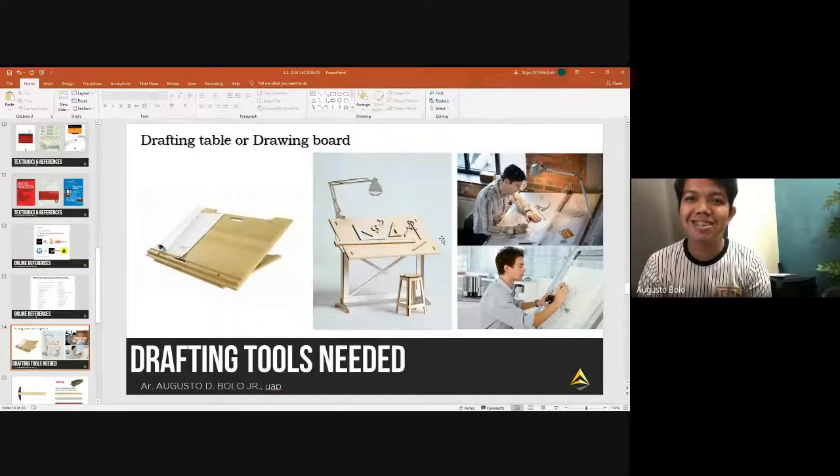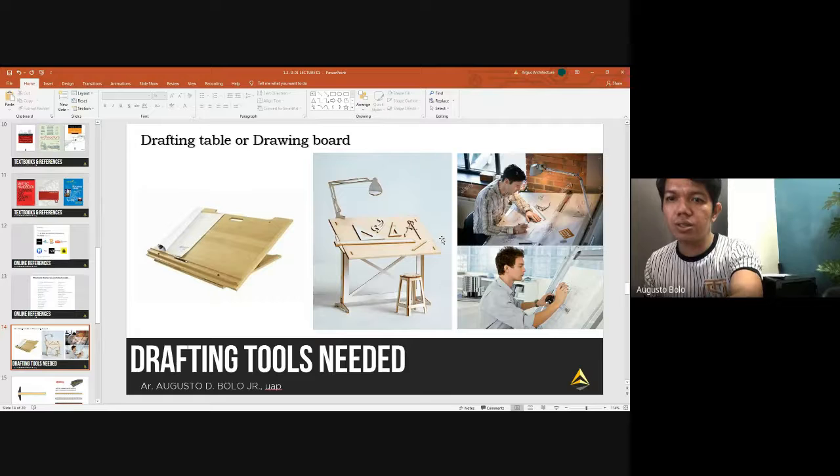Basta, don't worry because architecture is not about the best drawing. Ang ginagawa natin dito are technical drawing. Technical meaning may mga sukat, linya, sukat. So, yung mga skills nyo on visualization, you can show it on visual technique, on graphics.